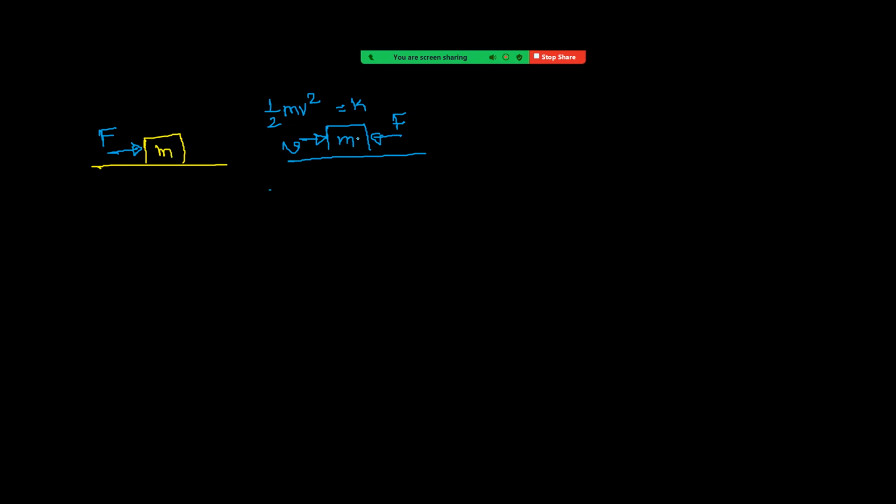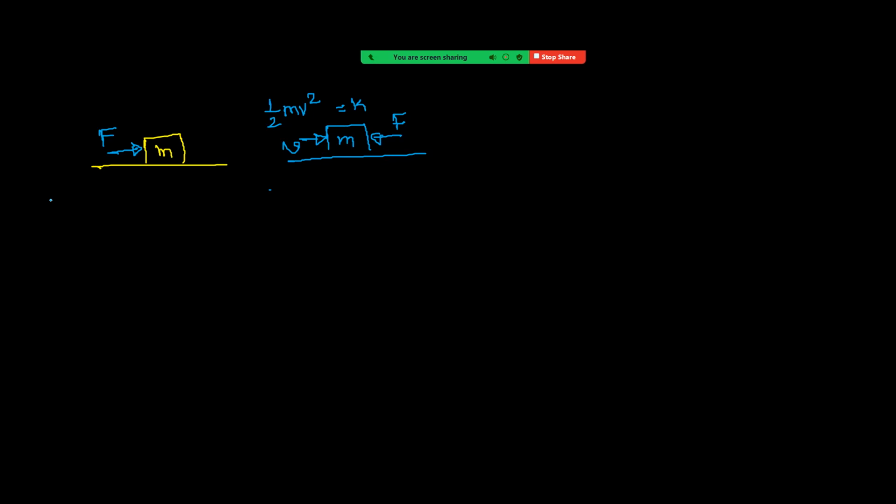So whenever work is done on the block, its energy changes. If work done is positive, its energy increases. If work done is negative, its energy decreases. Now we have to focus on how we define work done, because we are saying it is increasing, it is decreasing, but what is the way of calculating that?